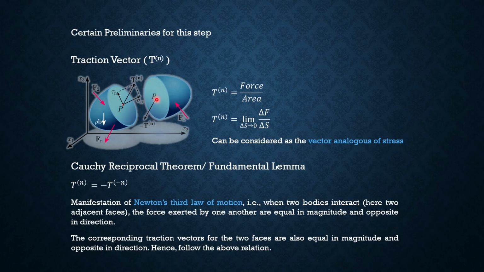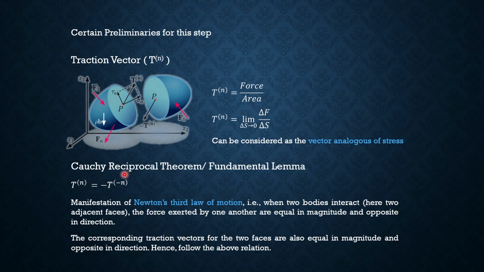Let's say the normal to this face is exactly equal and opposite to n cap, that will be minus n. Now suppose the traction vector for this face is T of n, and for this face let it be T1 of minus n. Now this is how both of them will get related. T of n will be equal to minus T1 of minus n, and it will not be equal to some other T1 or anything else. Both will be equal in magnitude.